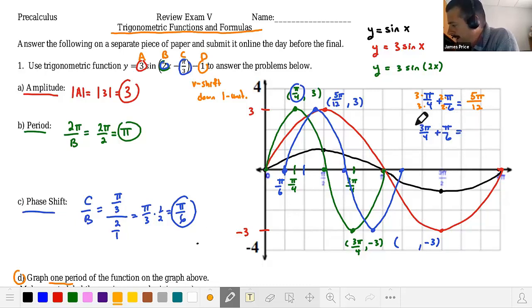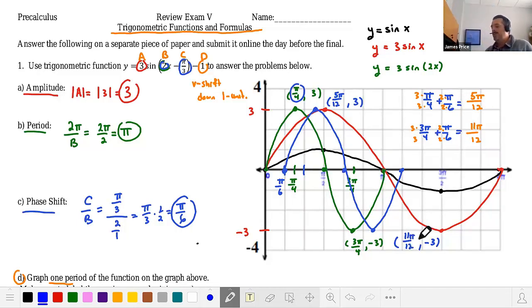So we multiply top and bottom by 3 here and by 2 here. And so we get 9 pi plus 2 pi, which is 11 pi over 12. And so this one is, I'll do it in blue so everything stays the same here. So 11 pi over 12.